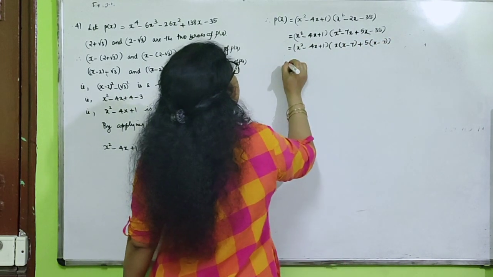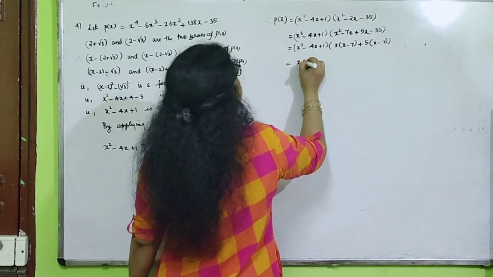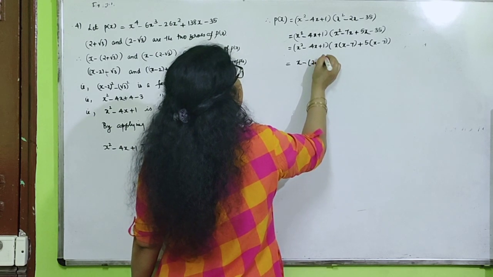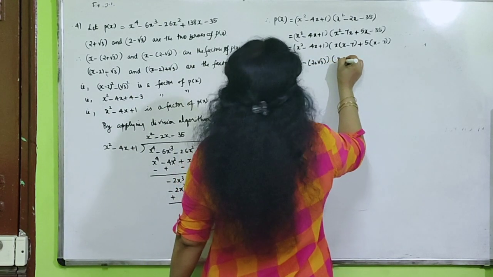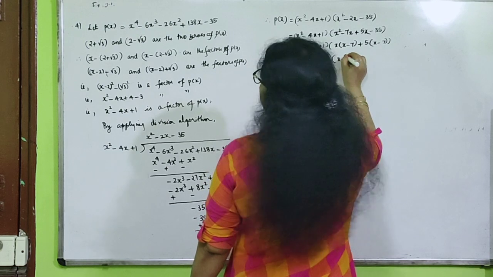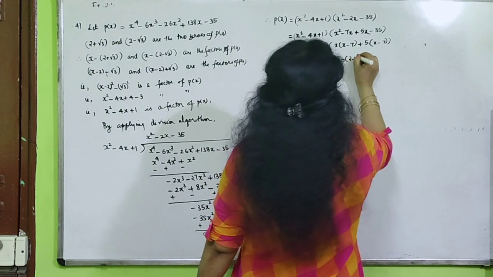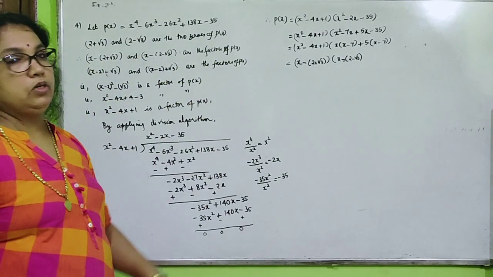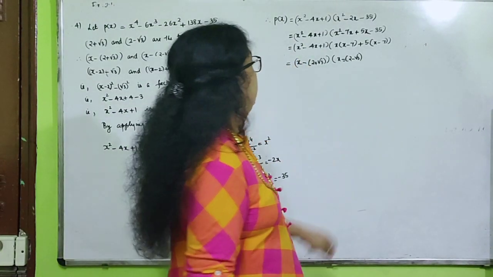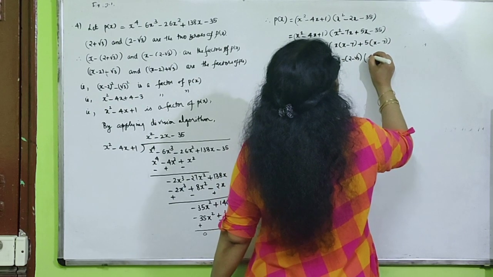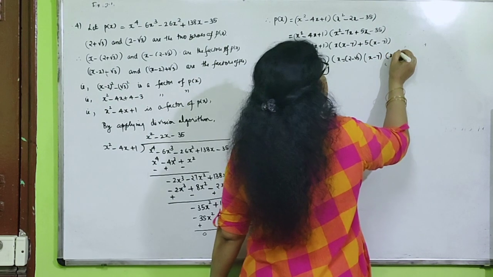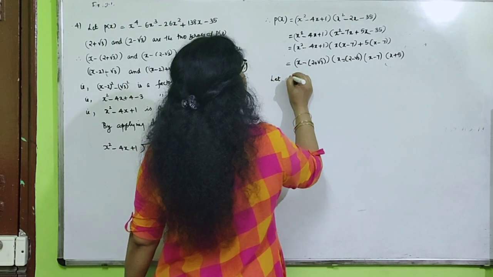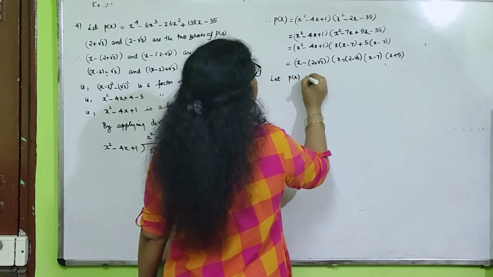Now instead of x square minus 4x plus 1, write its factors: x minus of 2 plus root 3 and x minus of 2 minus root 3. Instead of this one you would write, and here x minus 7 common and x plus 5. Now what do you have to do? To find the zeros, let p of x equal to 0.